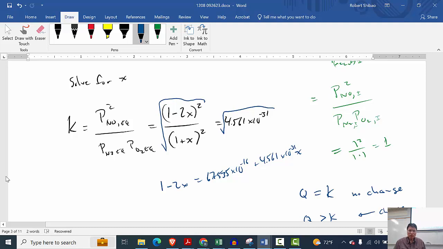And then I'm going to add a 2x to both sides and subtract 6.7535 times 10 to the minus 16 from both sides. So over here I'll get 1 minus 6.7535 times 10 to the minus 16 is equal to 2x plus 4.561 times 10 to the minus 31 x.